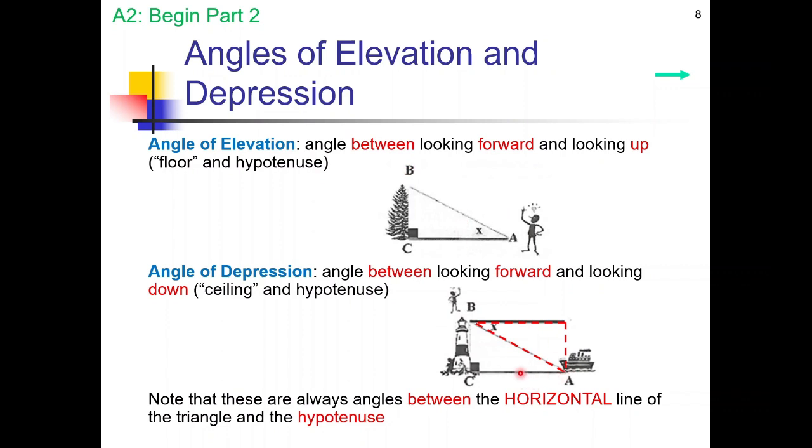And in fact, anytime you have an angle of depression, you could just think of it as an angle of elevation. This angle of depression is actually, because of these parallel lines, the same as this angle of elevation down here. So if that makes it easier to figure out which angle you're dealing with, maybe just always frame it as an angle of elevation.